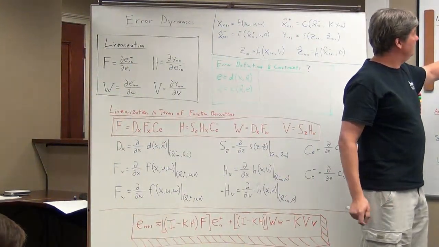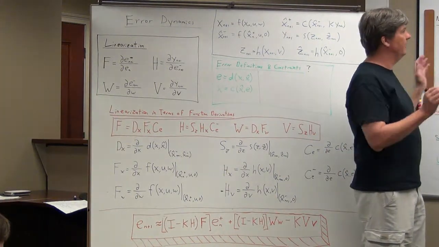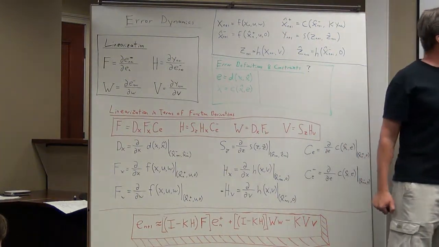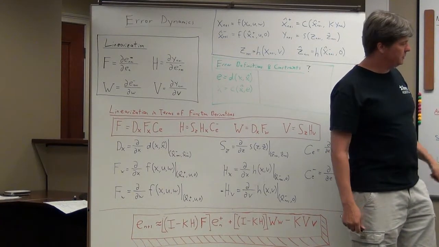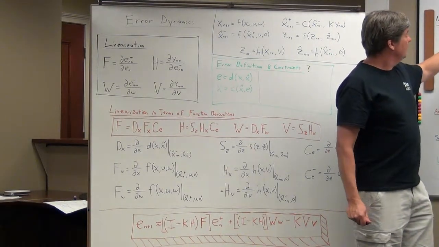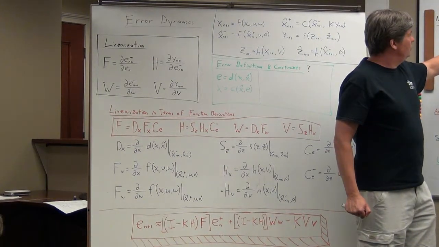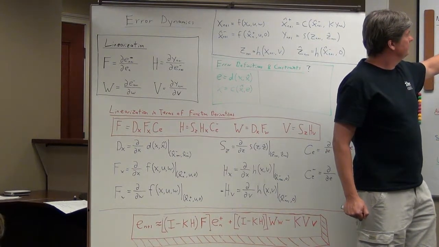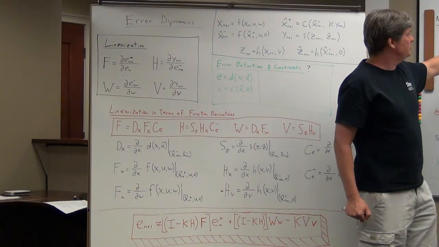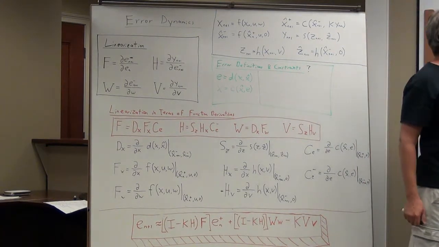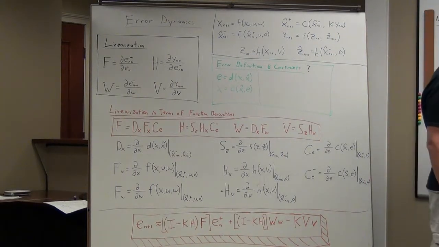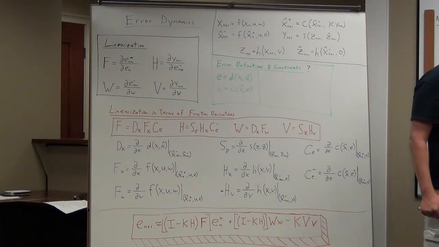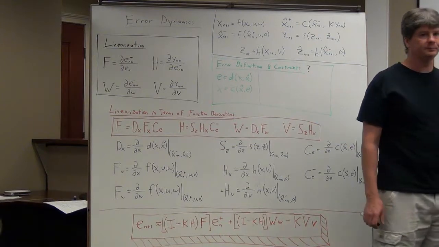The way that works, and I've skipped that up to this point, we're already on part 4, but we'll get to that later, is that if you know the noise covariance W and V, that feeds through all these matrices to tell you what K should be for that tick.